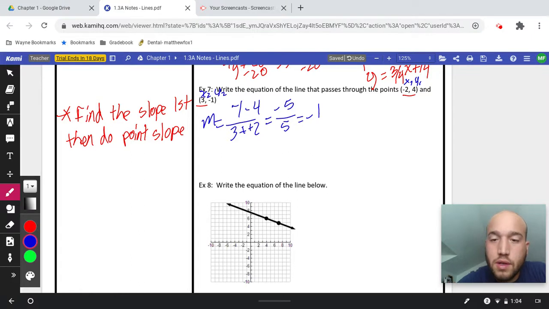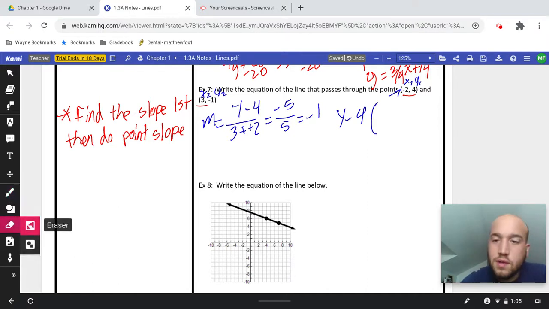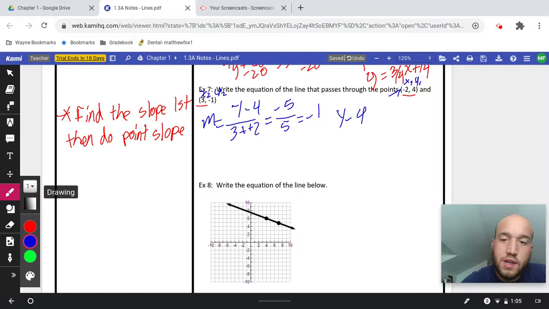So we'll do y minus 4. I'm going to use this point right here. If you chose to use the other point, that's fine, as long as you use one of your points. So y minus 4 equals, for the m, we put our slope, -1, and then x minus -2.